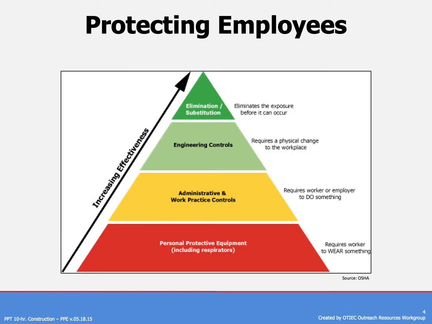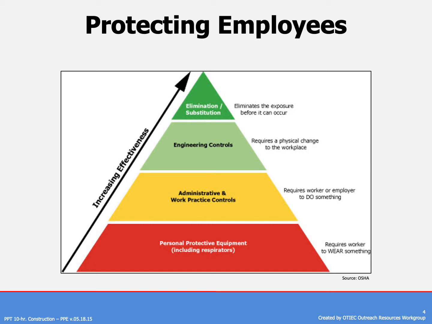When it comes to protecting employees, the top of the pyramid, if you will, is to get rid of the exposure before it occurs. Next is engineering controls, which requires a physical change to the workplace. The level below that, which is a little less effective than requiring a change to the workplace, is administrative or work practice controls.